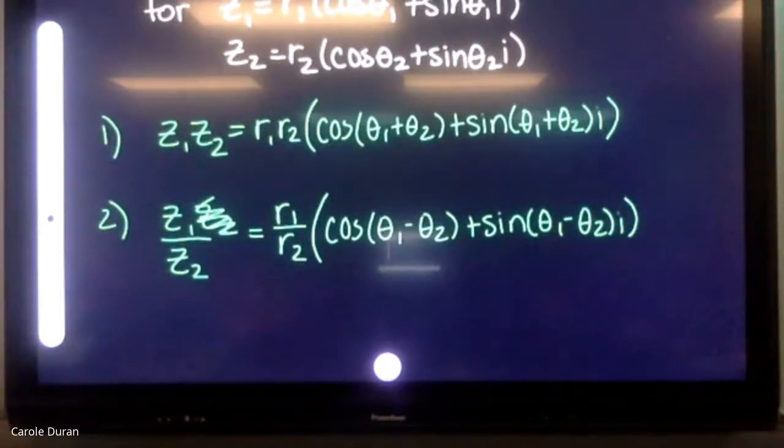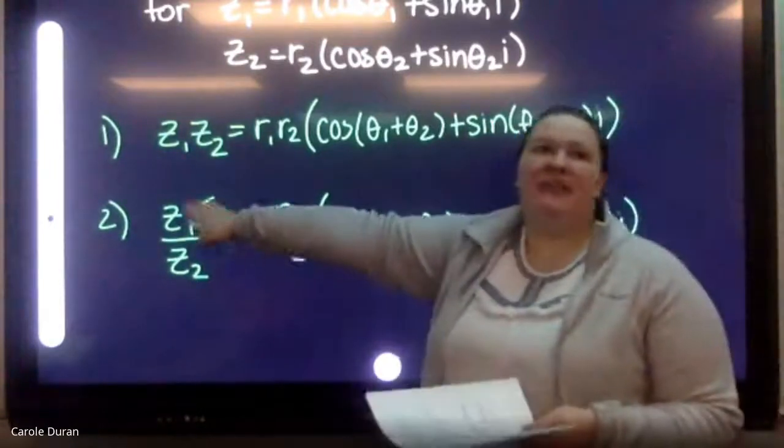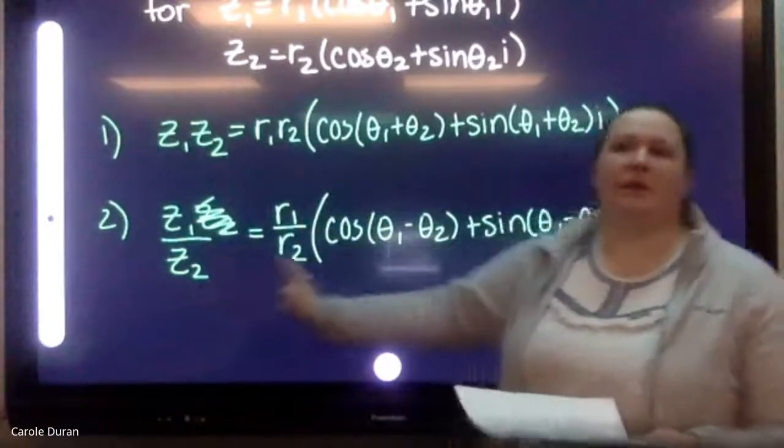When you're doing the division, order really does matter here. So we count anything from the top complex number as my ones, anything from the bottom complex number as my twos.